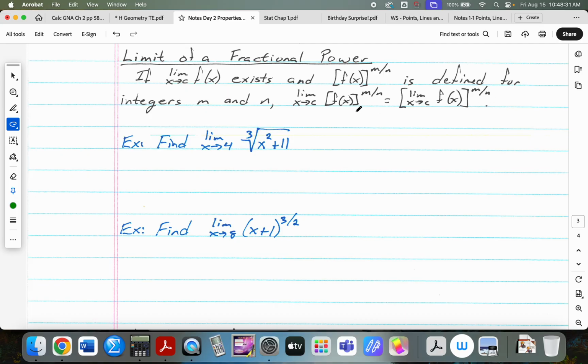So basically what happens is this has to be defined. Let me show you what I mean. For this, what power are we using here? The 1/3 power. Thank you, Sam. So it's the limit as x approaches 4 of x squared plus 11 to the 1/3 power.